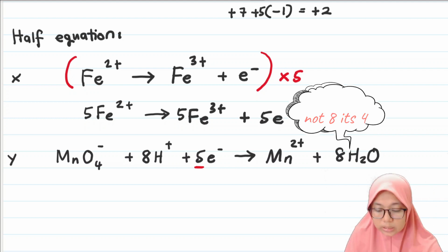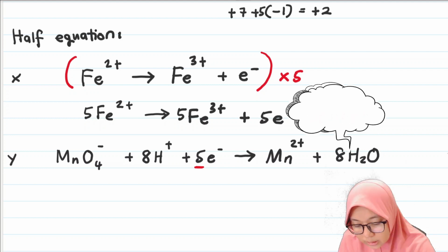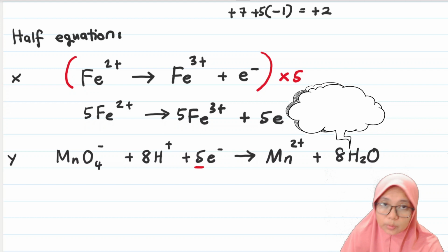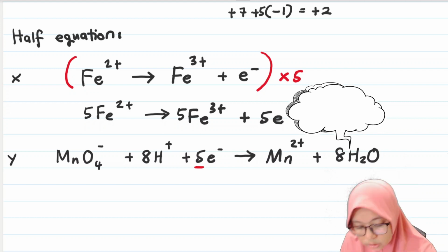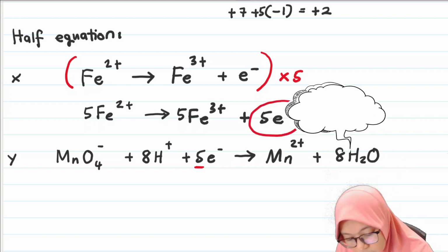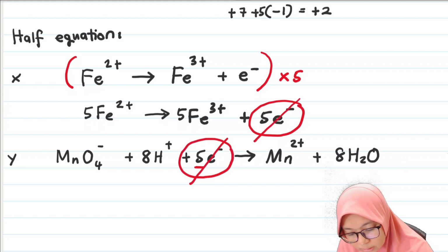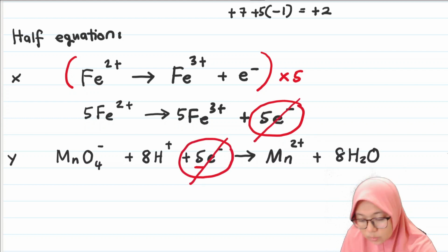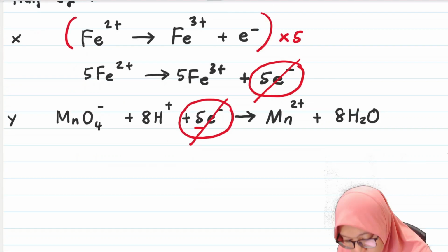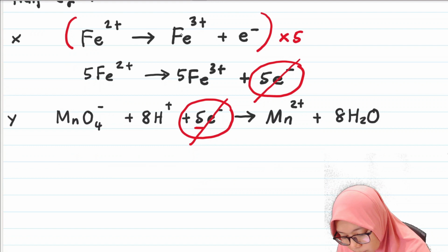manganese ion. So in this reaction, how do we balance or form the ionic equation? We will cancel these 5 electrons, and we will combine these equations together. Reactant with reactant, product with product.